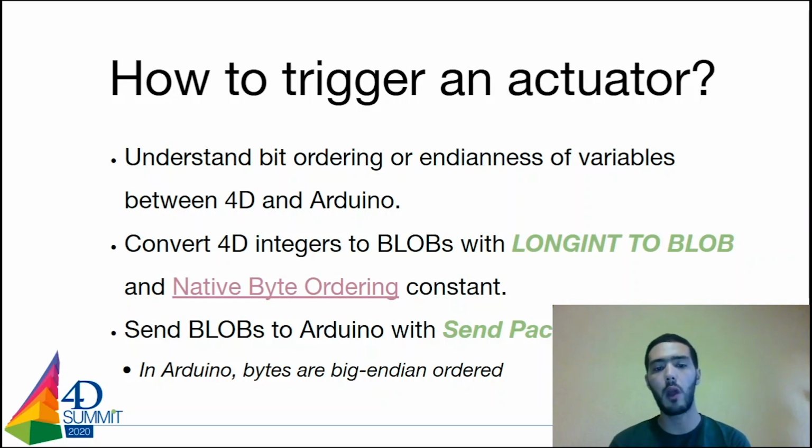Sending these blobs to Arduino was done with the command send packet, and it's then at the level of the Arduino sketch that we will need to receive this packet in a correct way. In Arduino, just for note, bytes are big-endian ordered. So we need to have this in mind for receiving correctly the packets.